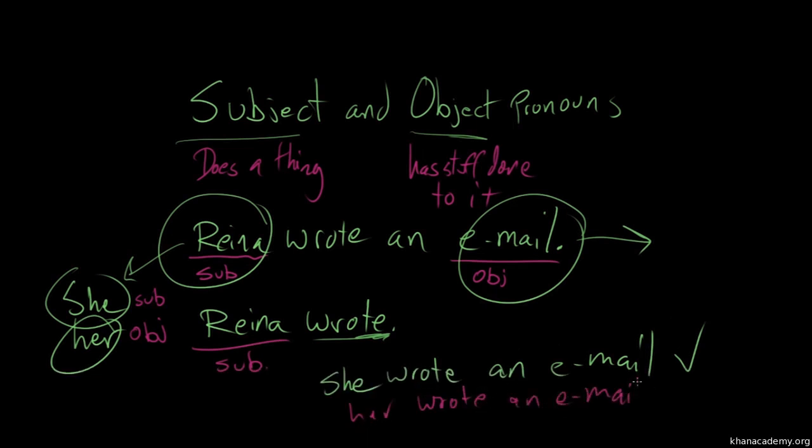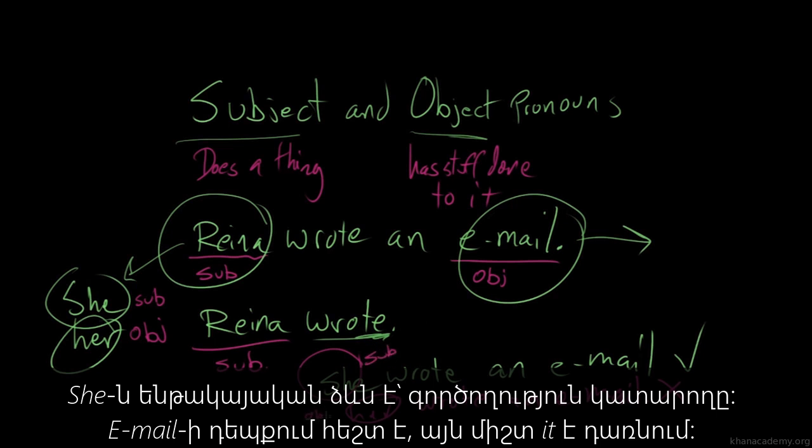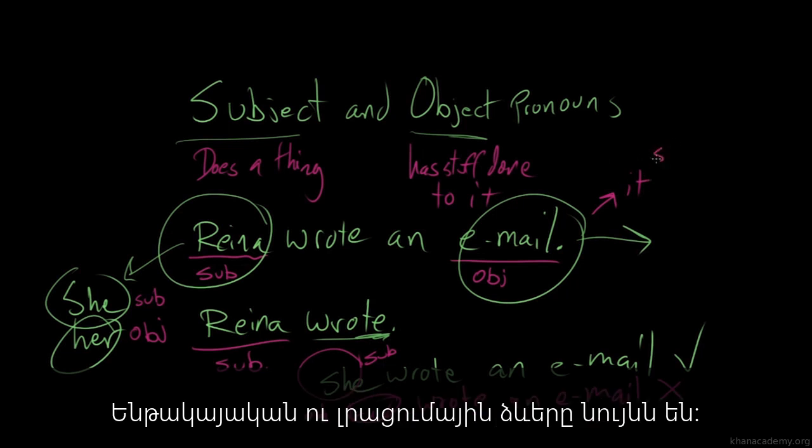Because her is the object pronoun, and therefore is the thing that has stuff done to it, as opposed to the doer of things. She is the subject form, it's the doer. For email, it's easy. This just becomes it in all cases. The subject form and the object form are the same.